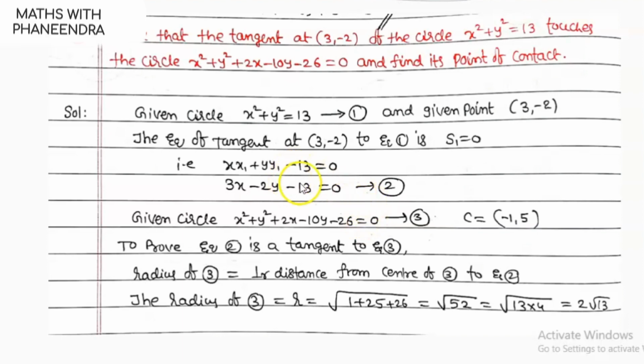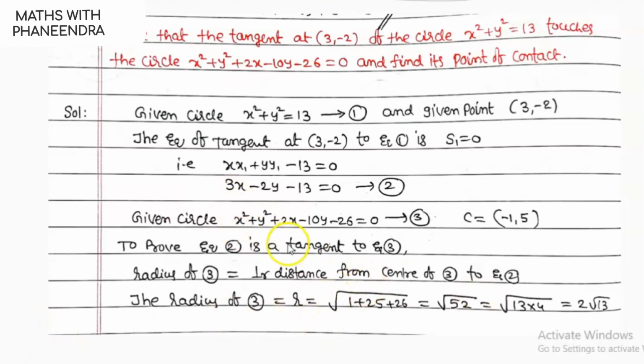So for any line touching the circle, we need to prove the radius of that circle is equal to the perpendicular distance from the center of that circle to the line. So to prove equation 2 is a tangent to equation 3, the radius of equation 3 should be equal to the perpendicular distance from the center of equation 3 to the line, equation 2. So we are calculating the radius of equation 3 now.